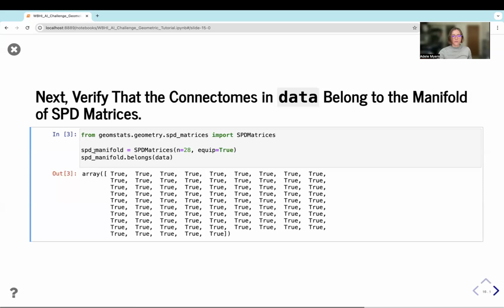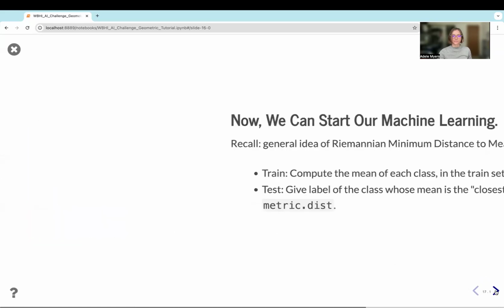So here we have created our manifold object. We imported the SPD matrix manifold from Geomstats, which we then used to create the manifold object. And then we used this manifold object to determine whether all of the data belongs to the manifold.